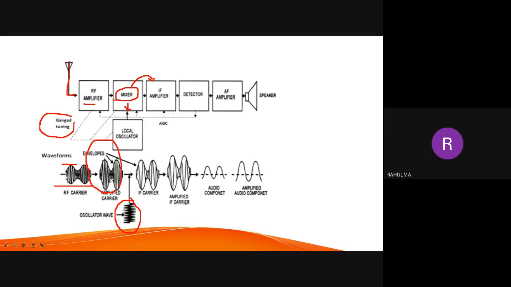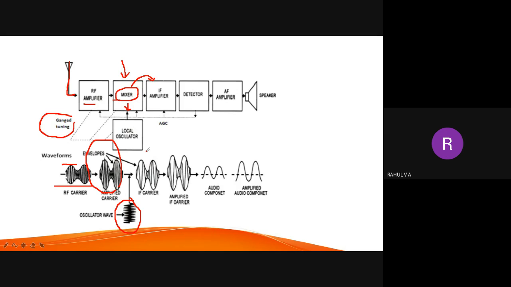Both signals are mixed using a mixer, and a new signal of intermediate frequency is generated. Actually it is subtracted; the mixer subtracts the RF amplifier frequency from the local oscillator frequency.